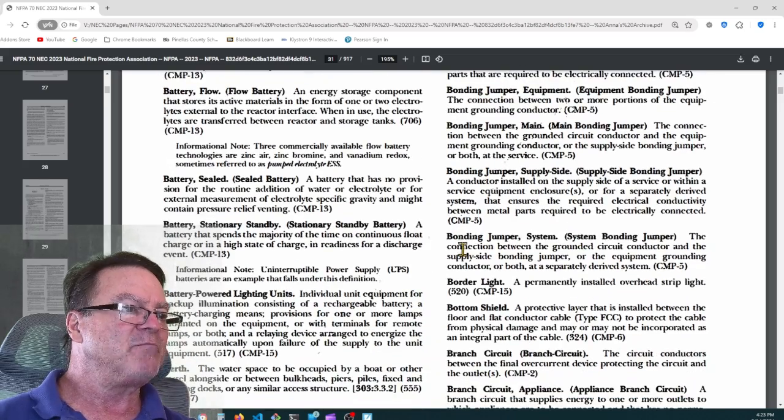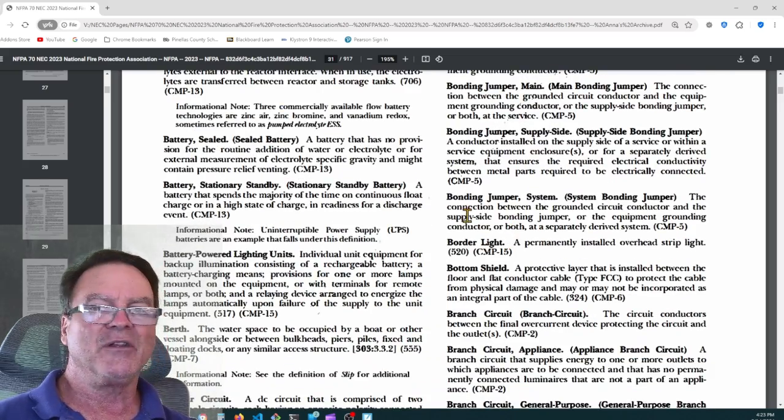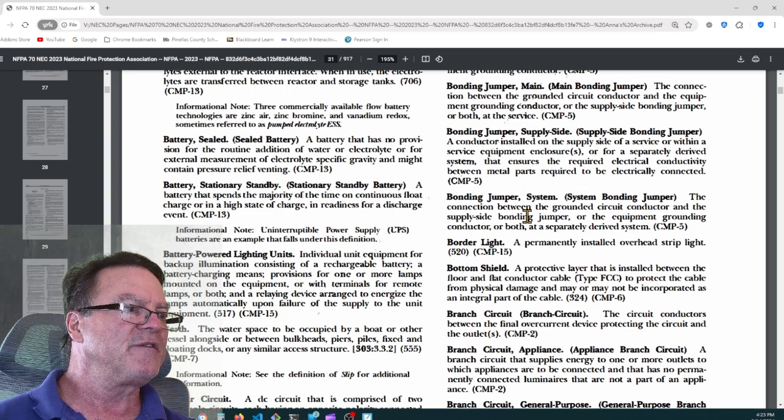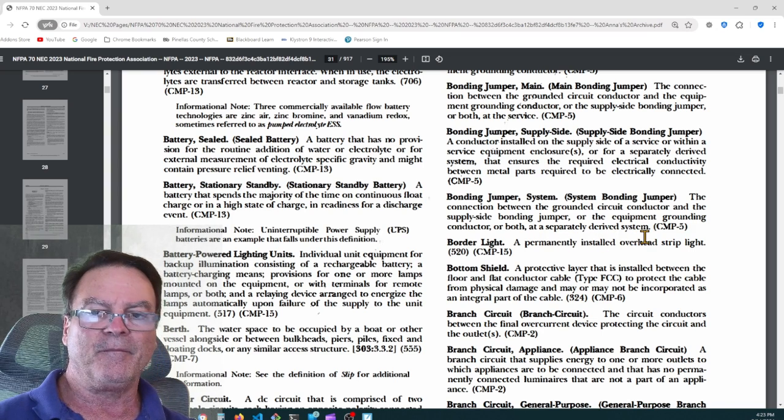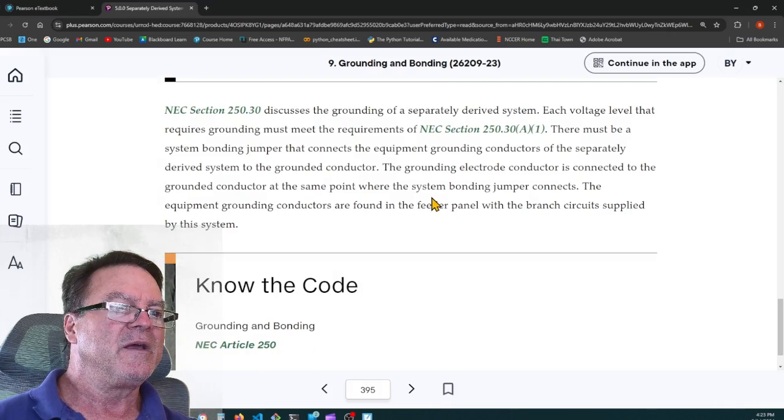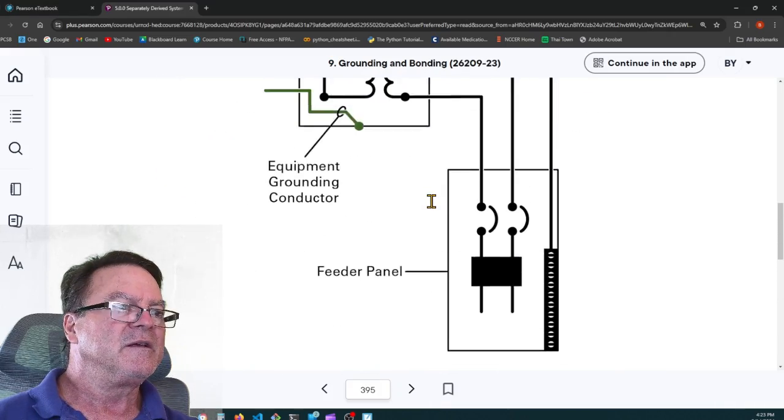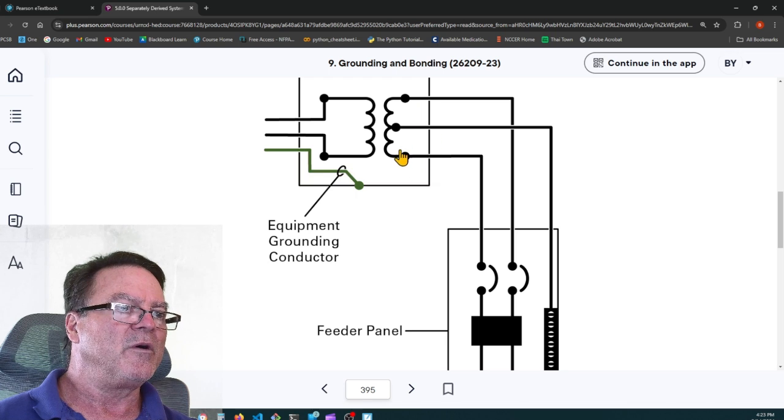So a system bonding jumper is the same. It's only on the load side of a transformer, but it serves the same purpose. It's the connection between the grounded circuit conductor and the supply side bonding jumper, or the equipment grounding conductor, or both, at a separately derived system. So you have the secondary of this transformer.